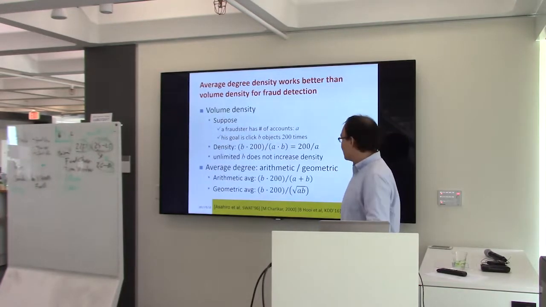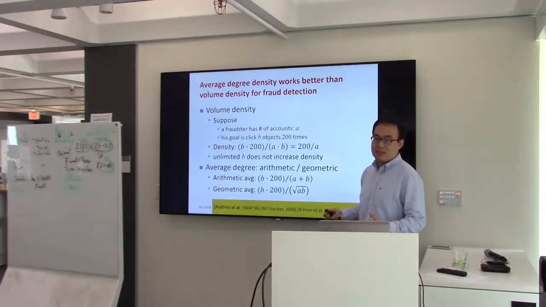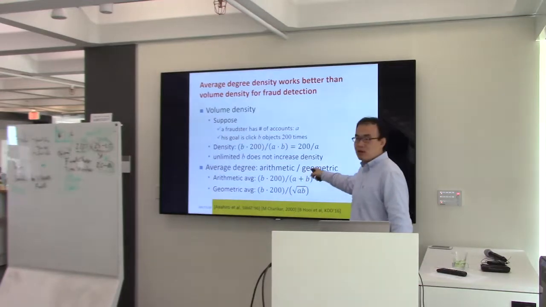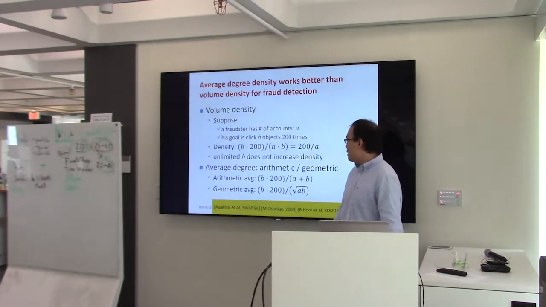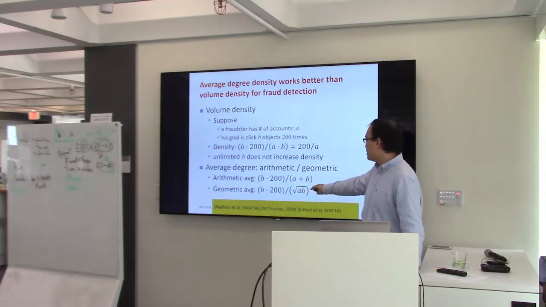So some of the existing works propose to use the average density. The average means arithmetic average or geometric average. In the average, they can have those kinds of equations.